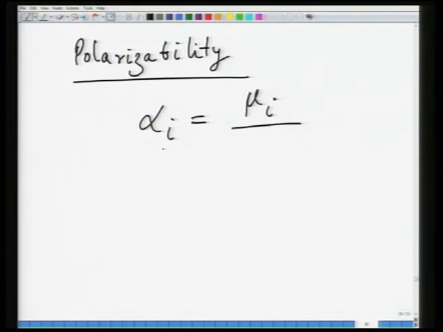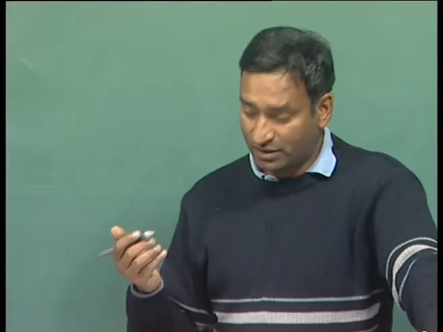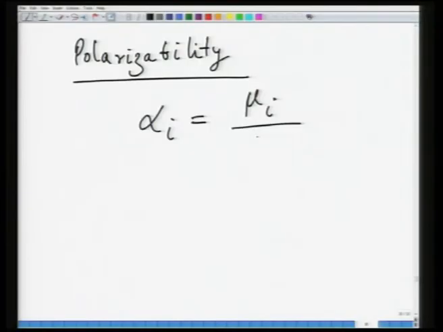So, alpha i is the polarizability of an atom or ion in that dipole i, and mu i is the dipole moment of that dipole divided by what is called E local. We have written E local because the local field which is felt by that particular entity may be slightly different compared to the applied field. We will look at the magnitude of the local field a little later, but basically what we have defined is alpha i equals mu i divided by E local.